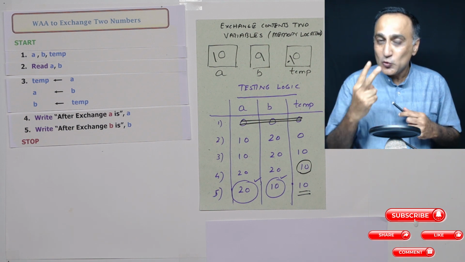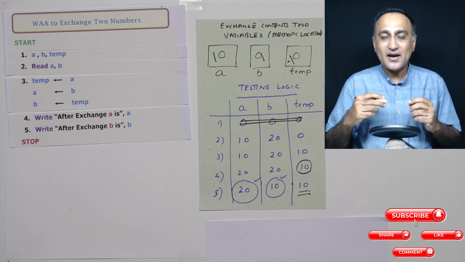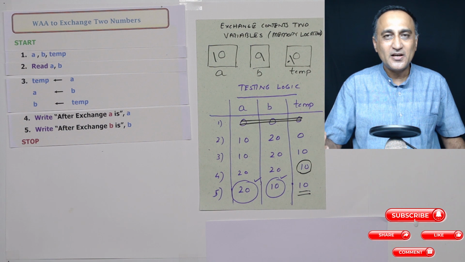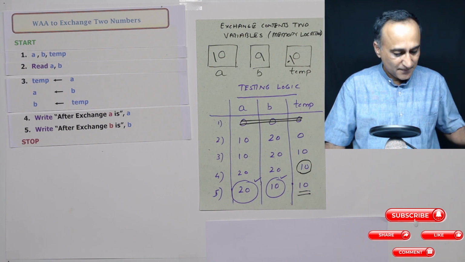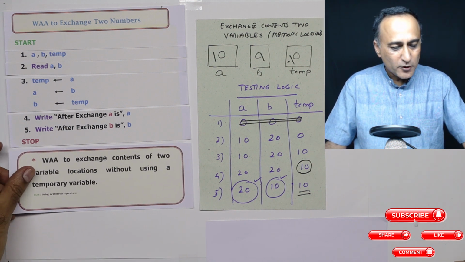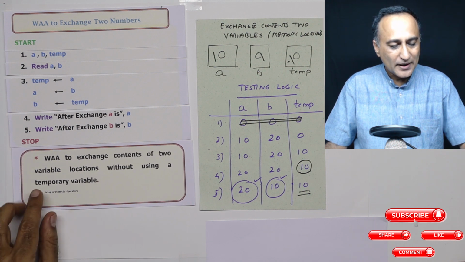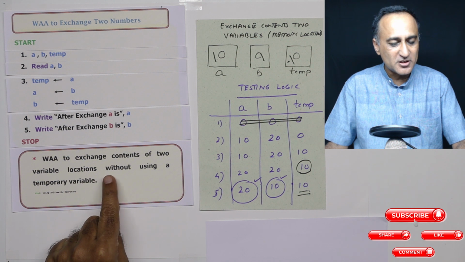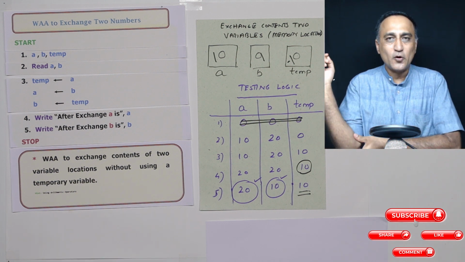There are at least two ways of doing this exchange, and a lot of times in campus interviews you are asked, without using a temporary variable, tell us at least one different way of exchanging the contents of two variables. I'll give you a hint. I want you to spend a little time on your own to write an algorithm to exchange the contents of two variable locations without using a temporary location.